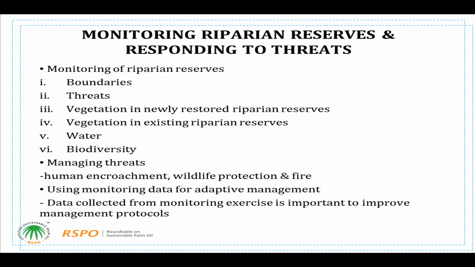So, what are examples of monitoring activities for riparian reserves? The guidance outlines monitoring activities for boundaries, to assess threats, and monitoring activities for vegetation in newly restored riparian reserves, vegetation in existing riparian reserves, water and biodiversity.